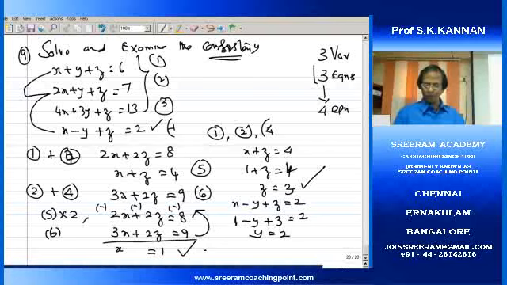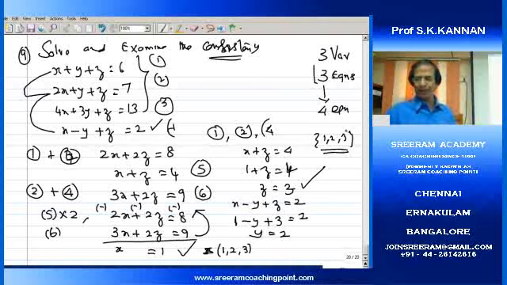We got the values. x is 1, y is 2, z is 3. Tell me, is this way of writing correct or wrong? In the book also, in some questions they may write it by mistake like this. It is wrong. We use this bracket only when all 3 are x values or y values. Here this is x, this one is y, this one is z. We have to use an ordered triple.